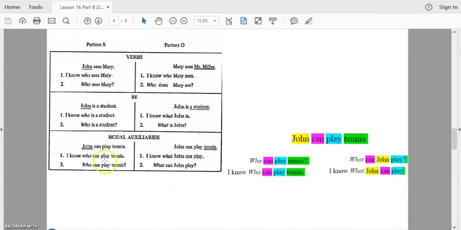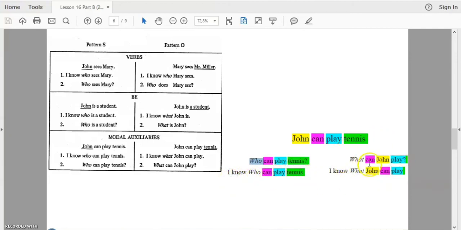When the sentence uses modal auxiliaries, we can see here, John can play tennis. John is the subject, can is a modal auxiliary, play is verb 1, and tennis is the object. When we want to make pattern S, we just replace John with the WH question. Who can play tennis? Or the other sentence, we can say "I know who can play tennis."